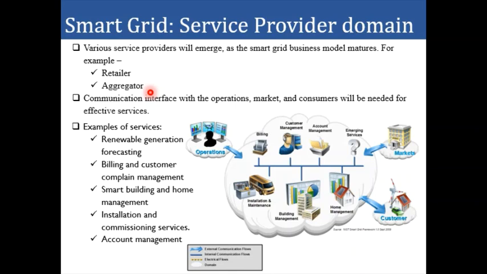That means your tariff calculation, your meter reading, and offering various schemes and services as a retail entity. So in that case, the distribution company will only provide power to your doorstep. After that, the role of the retail company will come. They will take care of all the commercial aspects of the electricity which you are consuming.